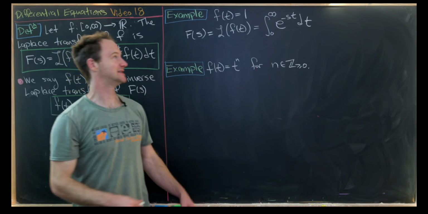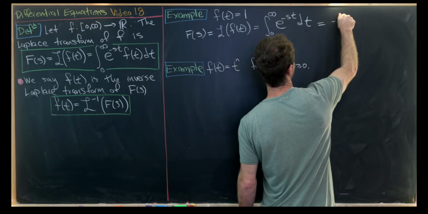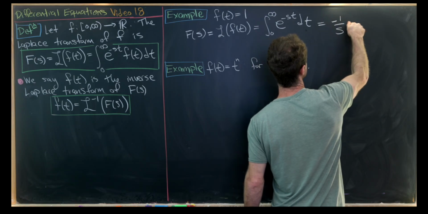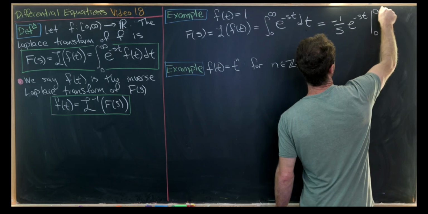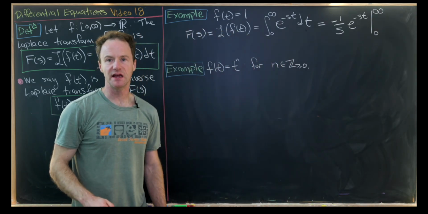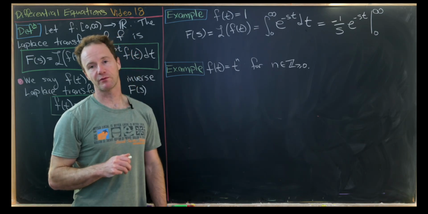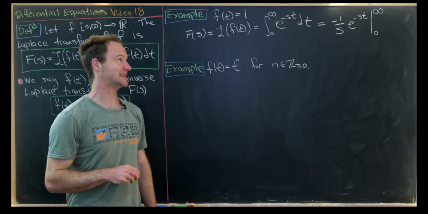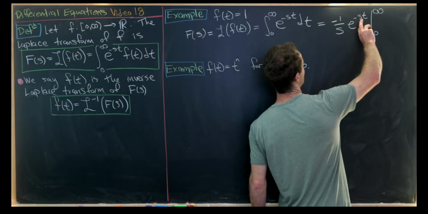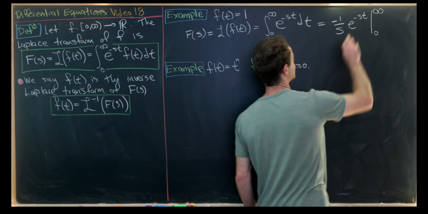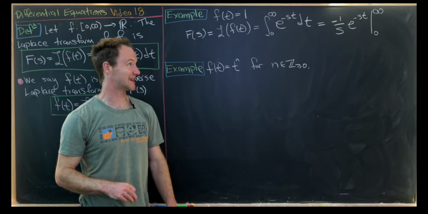So here we can simply take the antiderivative with respect to t. That will give us minus 1 over s times e to the minus st. Then we need to evaluate that from 0 up to infinity, keeping in mind that when we say evaluate at infinity, what we really mean is take the limit as t tends towards infinity. As long as s is positive, the limit as t tends towards infinity will give us 0 because of exponential decay.